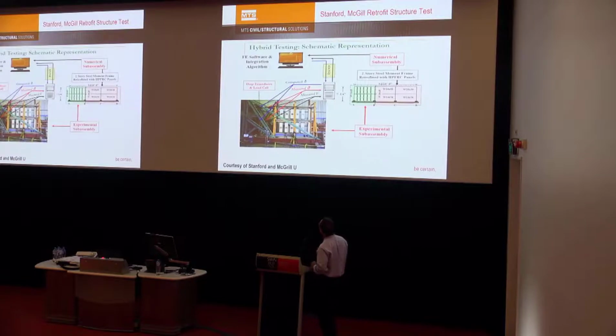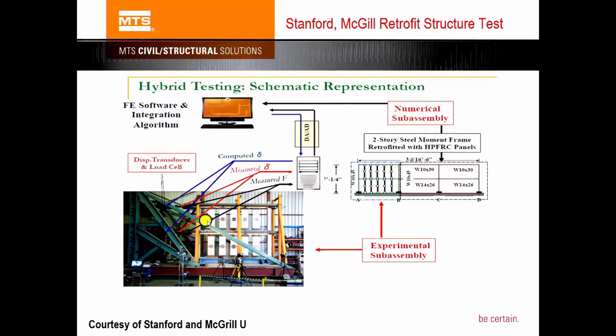In this hybrid test, the panels are the experimental substructure and tested in the lab, I think at UC Berkeley. And the old building was modeled by OpenSees. So you can change the building structure or whatever really easily, and then couple it with the test specimen with OpenFresco.